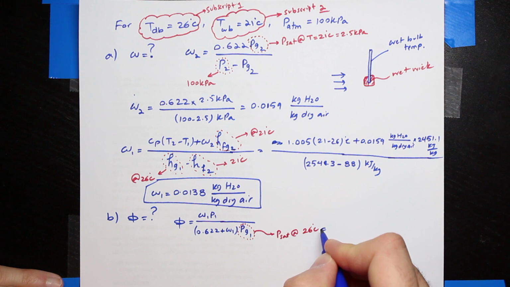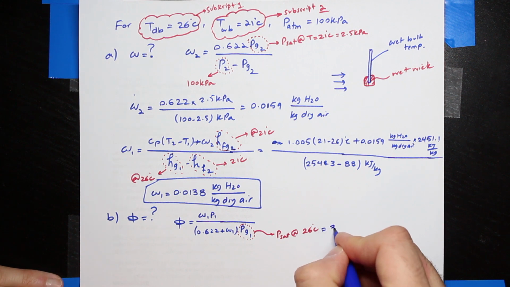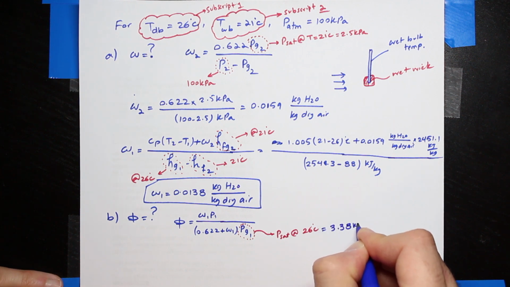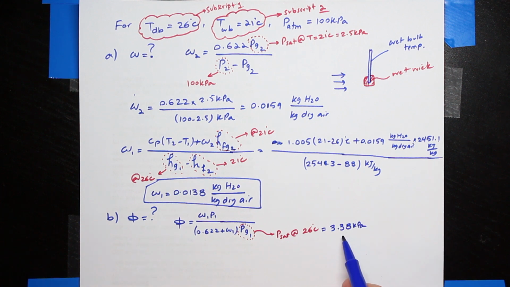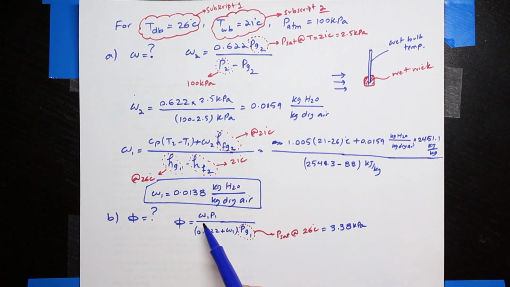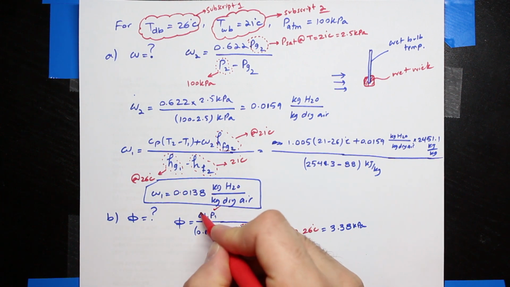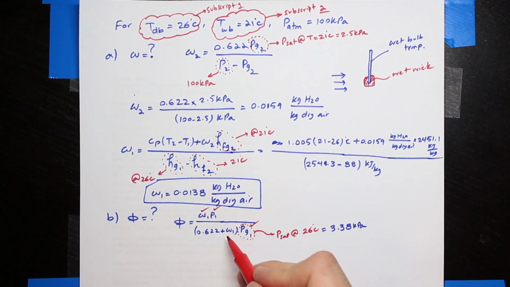So value wise, this is equal to 3.38 kPa, and this comes from table A4 with some interpolation because this temperature is not listed. So this is checked. Omega 1 is known, it's right here. P1 is the pressure, the total pressure. This is 100 kPa. So this is known, this is known, this is known, and omega 1 is also known. So everything is known, right?